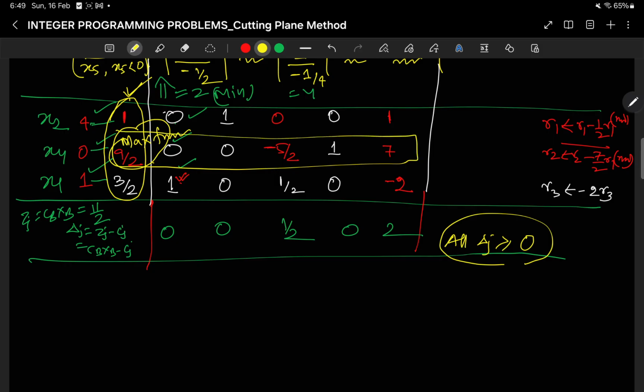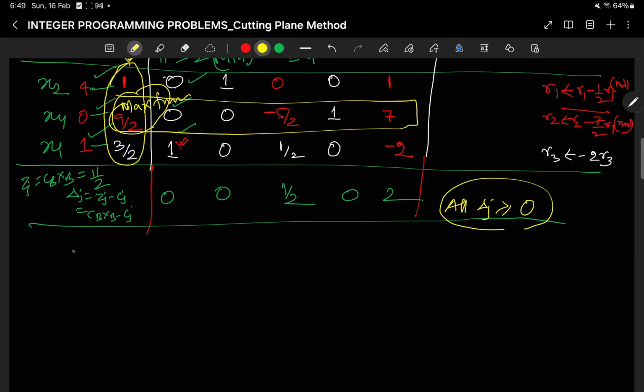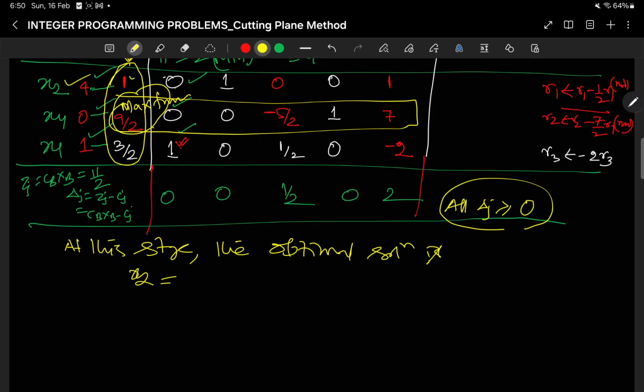Here the optimal solution is at this stage: x2 is equal to 1, x4 is equal to 9 by 2, x1 is equal to 3 by 2, and z is here 11 by 2.